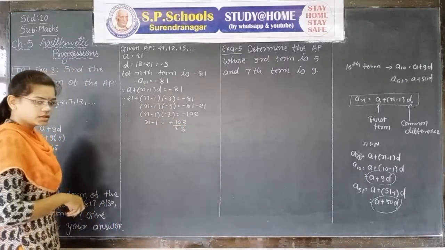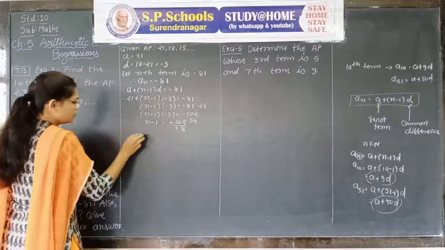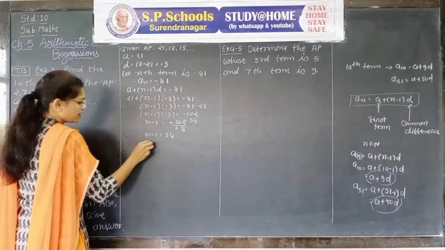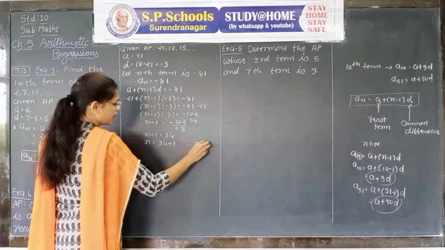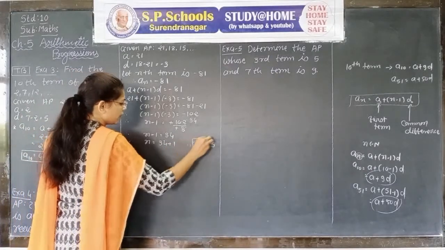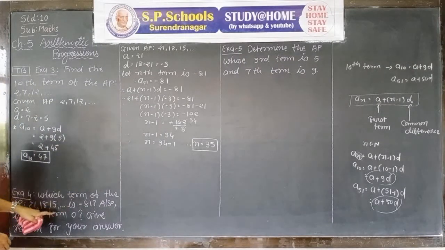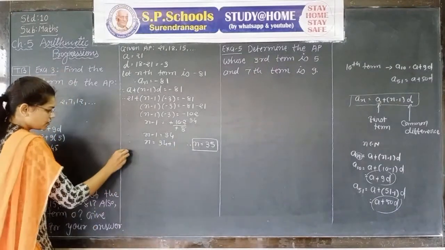Minus minus cancels, and cancellation is possible. 3 threes are 9, 3 fours are 12. That's why n minus 1 is equals to 34. So n is equals to 34 plus 1, and therefore n is equals to 35. n equals 35 shows that the 35th term of the AP is minus 81.